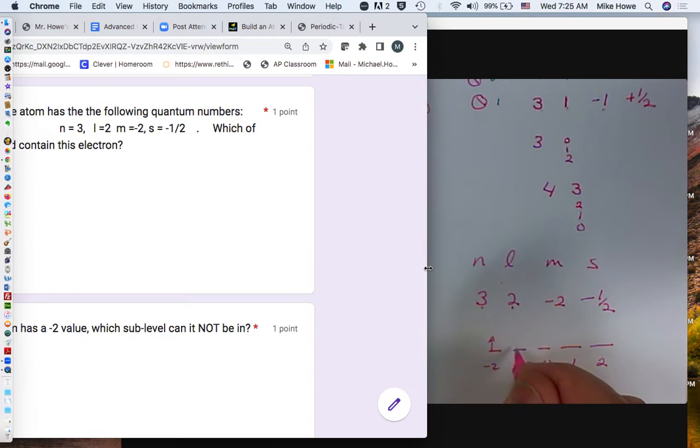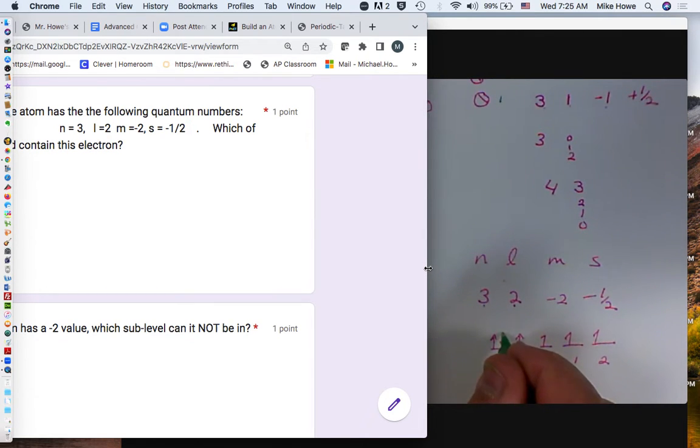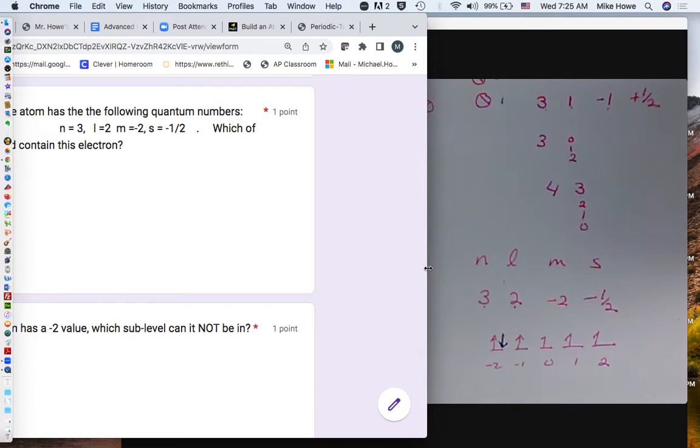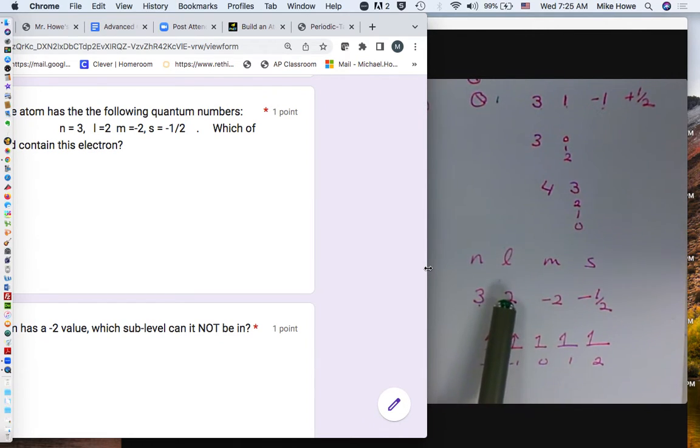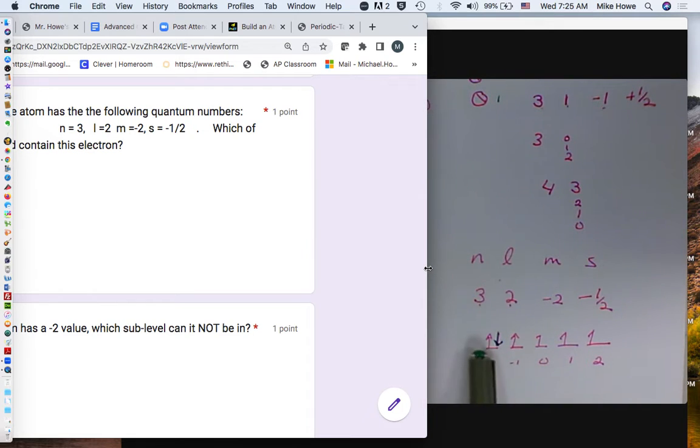So the electron that we're talking about would be this green electron there. He's in the third energy level, D sublevel, first orbital, and a -1/2 means he's spinning counterclockwise. He's the second electron in that orbital. So there's 6 in the 3D.